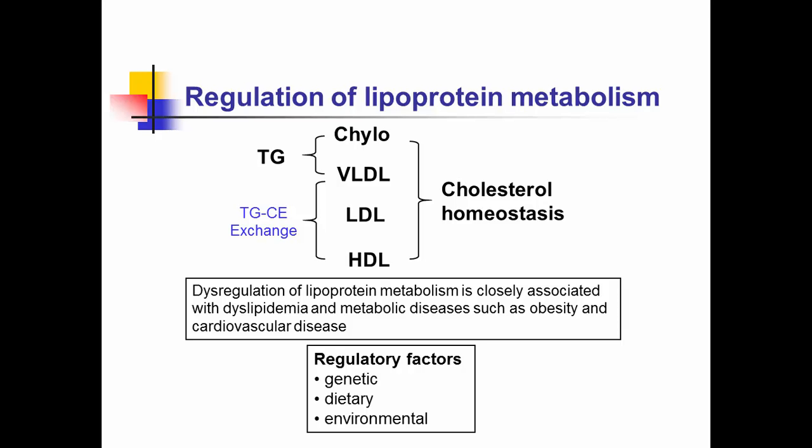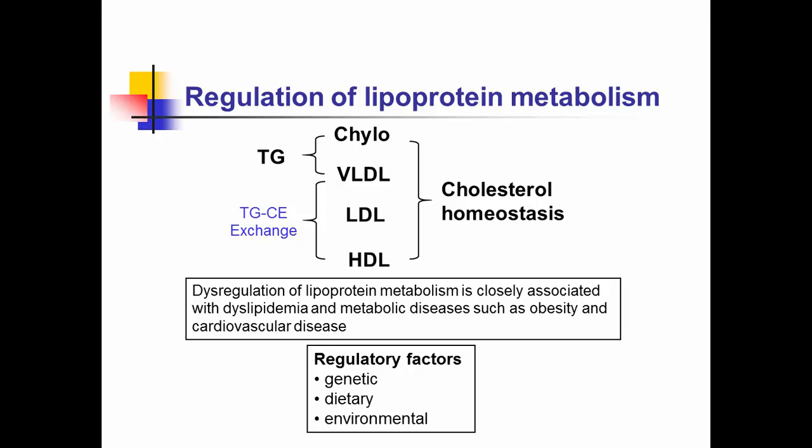All right, so regulation of the lipoproteins. We already mentioned many times that the chylomicron and VLDL are cholesterol, triglyceride-rich lipoproteins, and primarily regulate the triglyceride transport and metabolism, right?